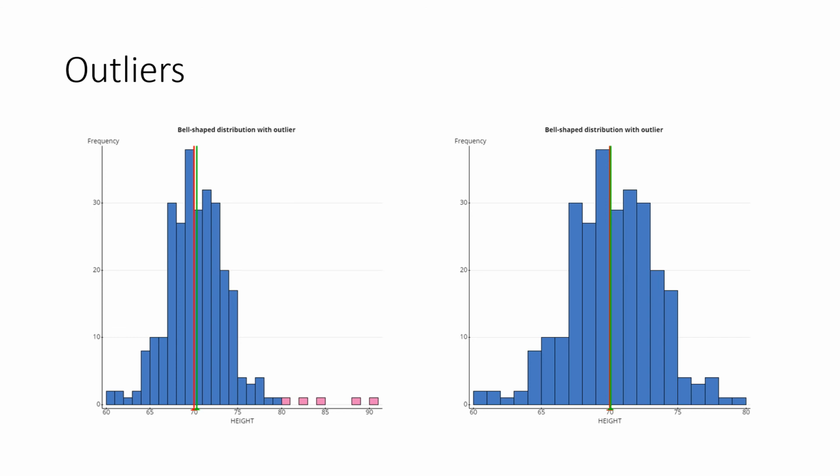We just don't have that same skewness, that pull of the mean. The median pretty much stays in the same place, but the mean has now gone back in towards the median, okay? And if you look at the left-hand distribution, the one with the pink values, you'll notice how much more spread out it is than the one on the right-hand side, the one without the pink values.